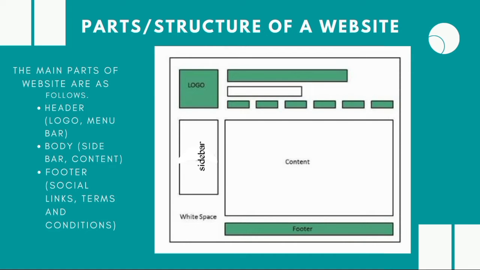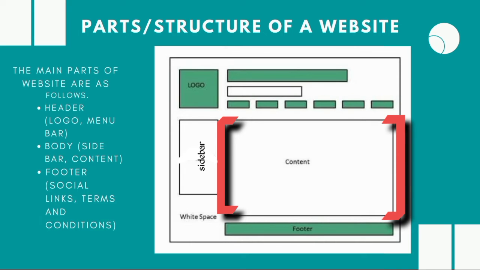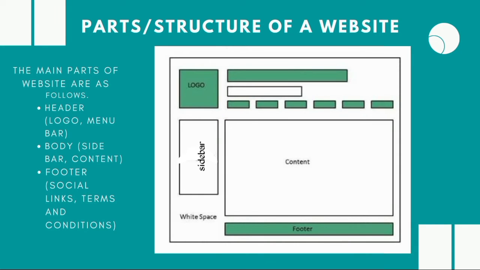Then the body contains all these white places. It is the content of the website where you have the images, the text, the videos, and all that stuff. So this is the main content, and this is the sidebar. The sidebar is mostly seen in a blog post and other pages like service pages. All right.